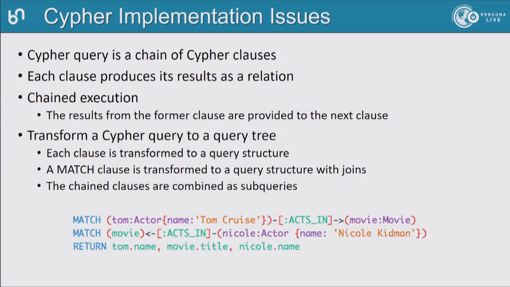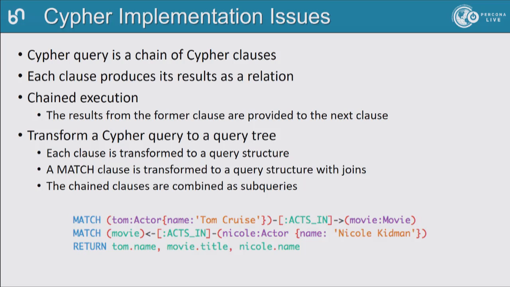As I already mentioned, in Cypher, several clauses can be used in a single query. Basically, each clause makes a result, and the following clause reads the result and processes it. When processing a Cypher query, first the query is transformed into a query tree structure.